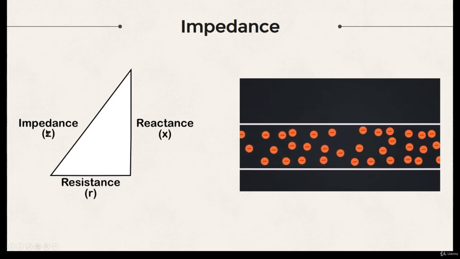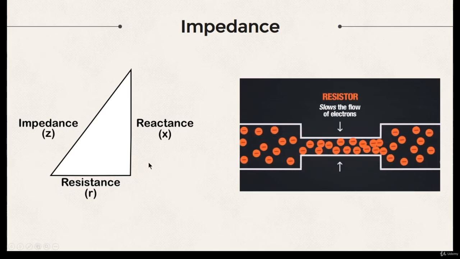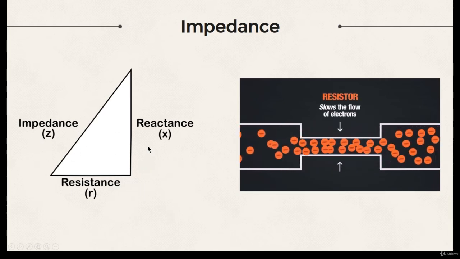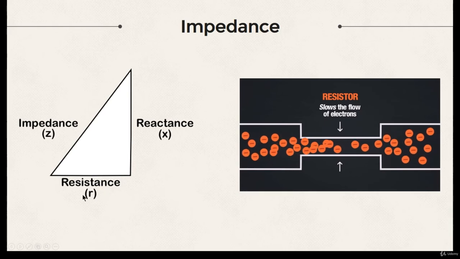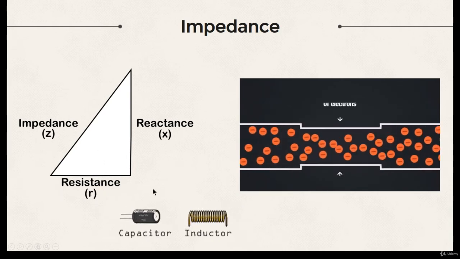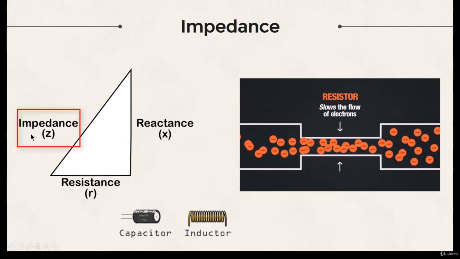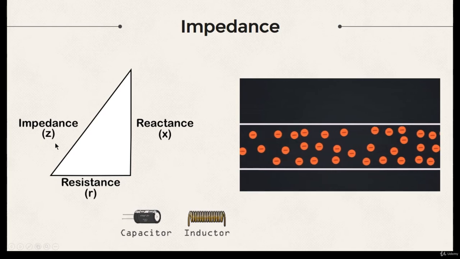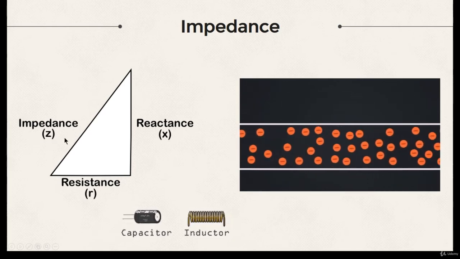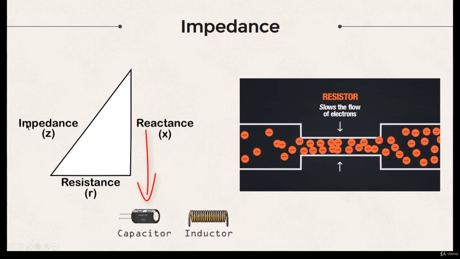It is always assumed that impedance is just another word for resistance. Strictly, it should be understood that the effect of resistance is constant regardless of the frequency. On the other hand, mixing the effects of capacitance and inductance will always result in impedance. So it basically means that the impedance varies with the frequency of the signal passing through the reactive element, which can be either capacitor or inductor.